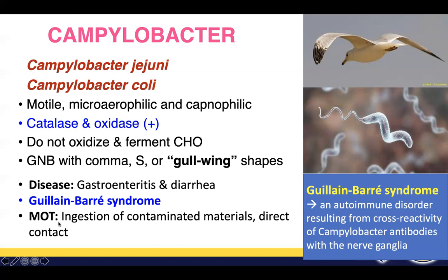The mode of transmission is, again, ingestion of contaminated materials and direct contact, either with contaminated animal feces or with an infected person. Animal carriers for Campylobacter are the usual farm animals.